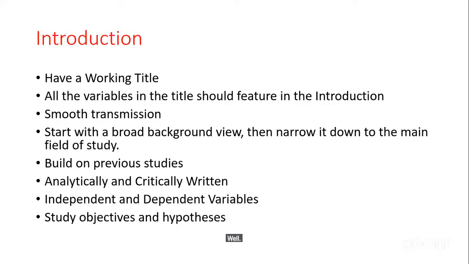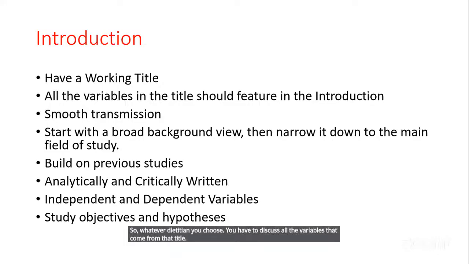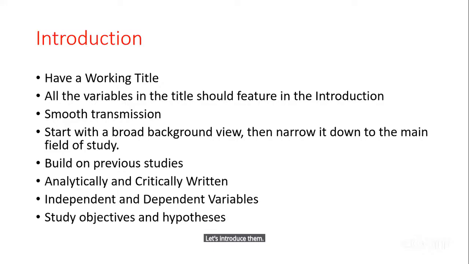But you must have at least a tentative title, so that we are able to discuss all the variables in the title. Whatever title you choose, you have to discuss all the variables that come from that title and introduce them. That's the importance of the introduction. You tell us what is in that title, what you want to address.